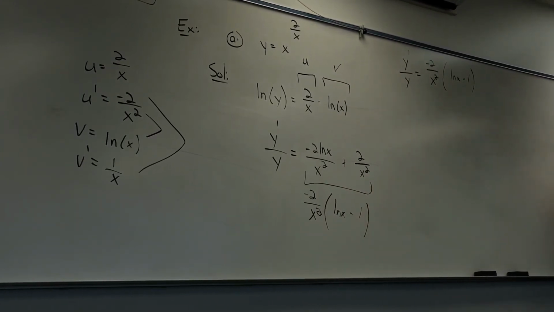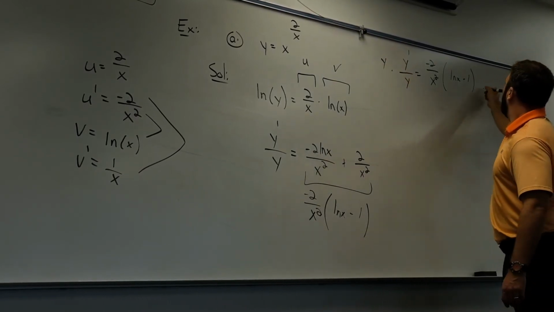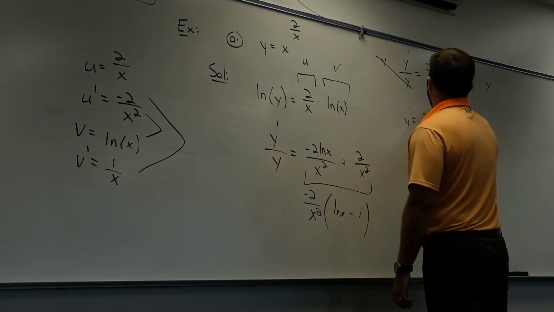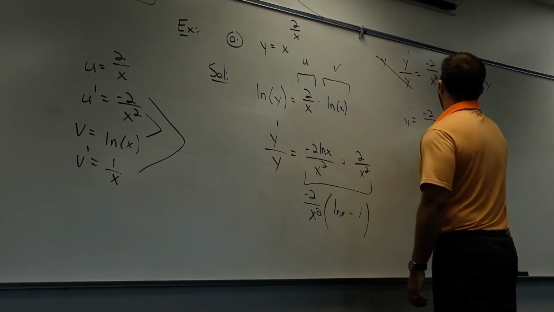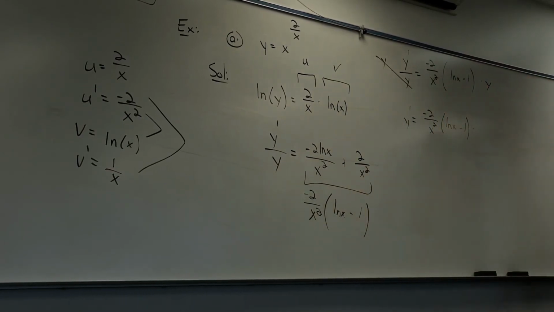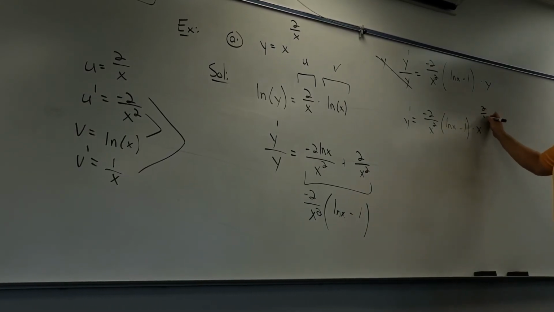Now we want to multiply both sides by y so that we can actually solve for y prime. So y prime is negative 2 over x squared times ln x minus 1. And guys, what was y equal to? x to the 2 over x. Good. x to the 2 over x.